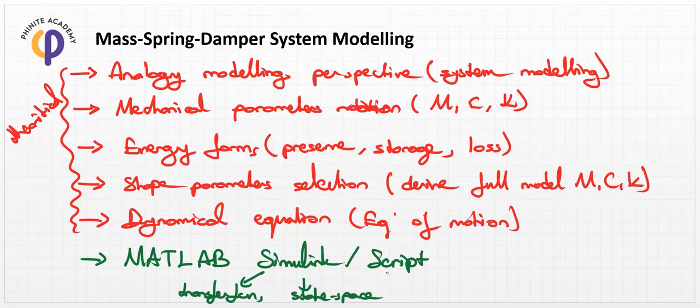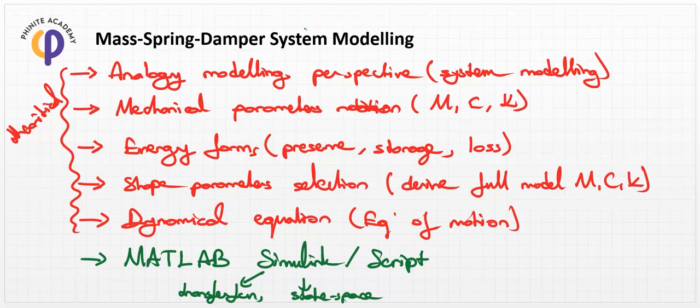With respect to the script notation or the implementation of this mass spring damper system, we should also use the transfer function and state space model, especially by using Matlab code or Matlab function notation, where we can write a specific code like in the C programming language or the Matlab programming language, and then we get the full picture of the dynamical equation of motion of the mass spring damper system modeling.